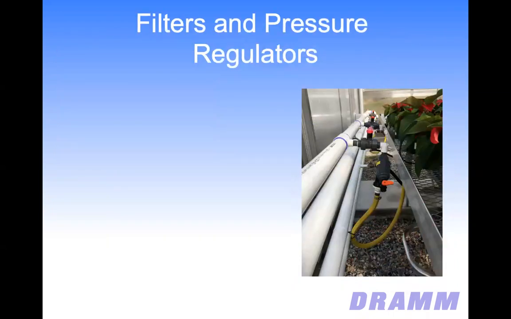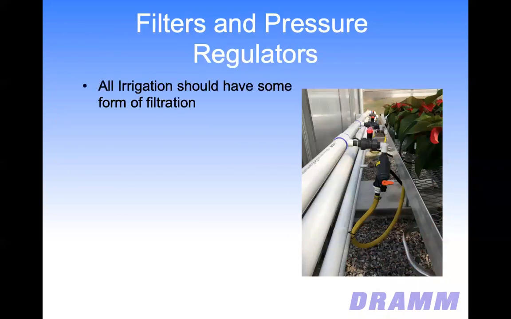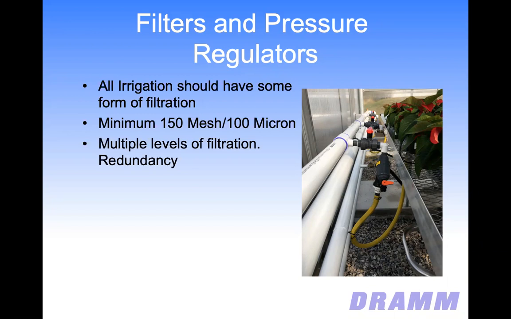With any of the new irrigation that we're working with, whether it's a dripper or a sprinkler system, there are other components that should be included when you're putting the design together. All irrigation should have some form of filtration, minimum of 150 mesh or 100 micron. And we like to have multiple levels of filtration or some redundancy.